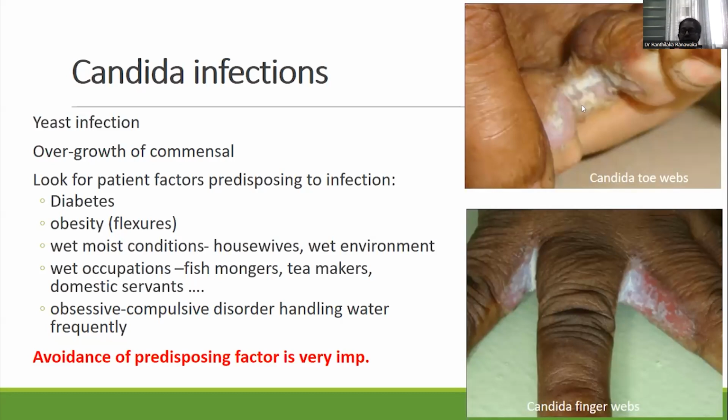So this is a toe web infection, this is a finger web infection. This is due to wet, moist conditions. With an anatomical deformity, or if they are working in a wet environment all the time, they can get this wet, moist condition.